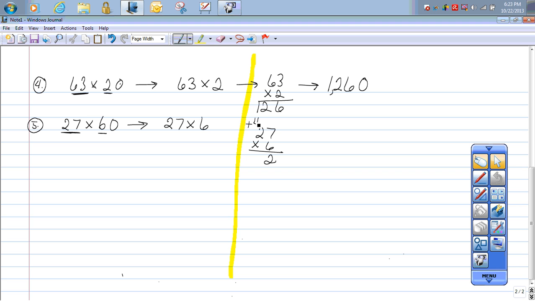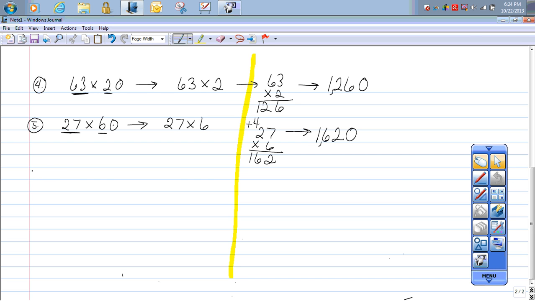Place our 2, carry our tens place of 4. 6 times 2 is 12, plus our 4 is 16, which gives us 162. And we have to remember to go back and place that 0 that we took out. And our answer is 1,620.